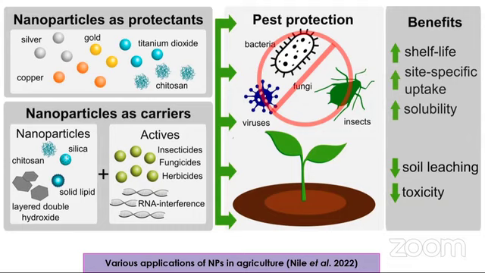Here, it is illustrated that nanoparticles can be used as protectants and carriers, with advantages in pest and disease protection from the use of nanopesticides, which I just mentioned in the first slide: increased shelf life, specific uptake, site-targeted action, higher solubility, and decreased soil leaching. This is a problem faced by farmers these days, and toxicity also will be low, as mentioned earlier.